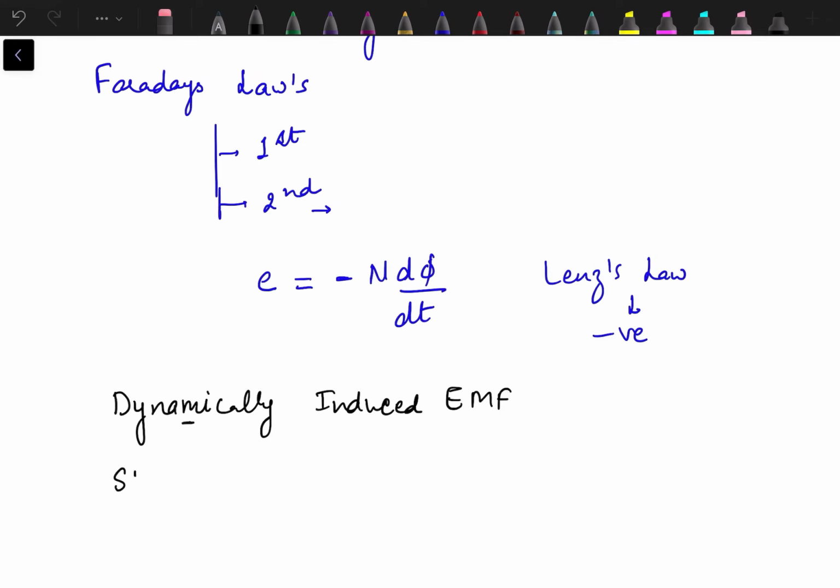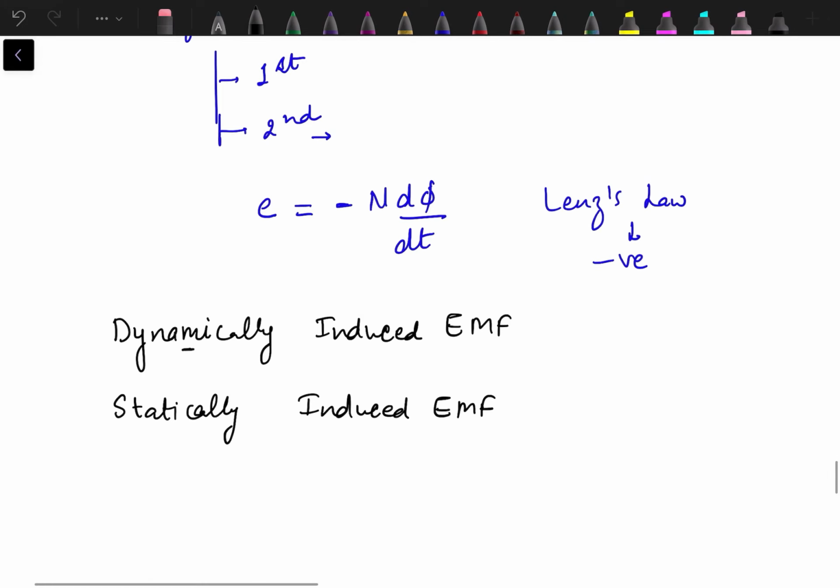And the second one is statically induced EMF. Now statically induced EMF is where the conductor, or we can say the coil, is remaining stationary, but the flux linking with it is undergoing change, and that is resulting in an induced EMF.